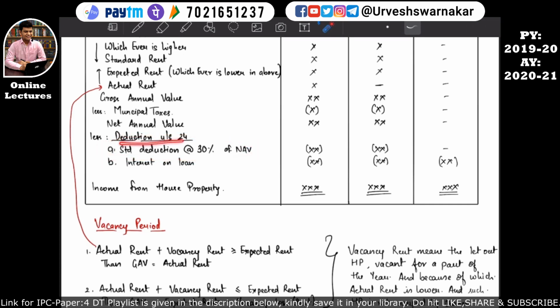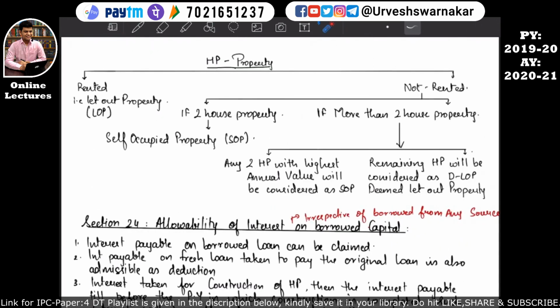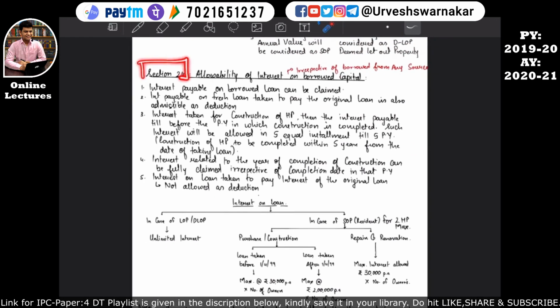Deduction under section 24 subsection A says that standard deduction at the rate of 30% of NAV, and further one more deduction will be allowed, that is interest on loan. So what interest on loan this deduction under section 24 subsection B is talking about, we will understand by coming on the next page. Here I have written section 24, allowability of interest irrespective of the borrowed from any sources.